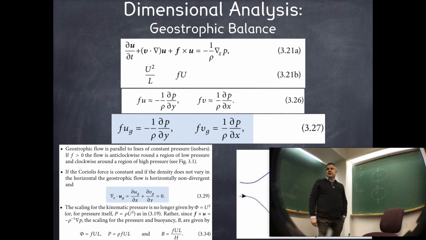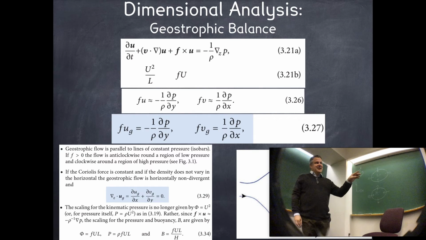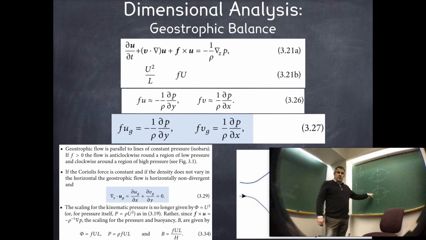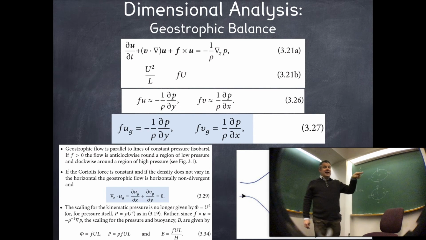This is where you're starting to see there's something funny going on, because u and v have different signs, because there's a cross product hiding in there. It's really f cross the horizontal velocity equals the gradient of the pressure. So there's a minus sign in one equation and not in the other. But let's just write it as it is here. So which way does f u_g point? If f is positive, because we're in the northern hemisphere frame, for the dp dy part, which way does it go here?